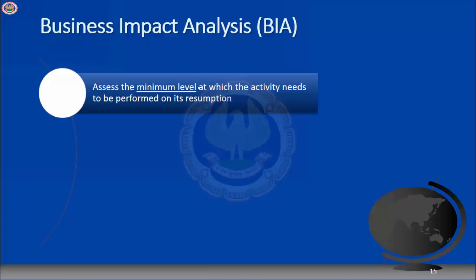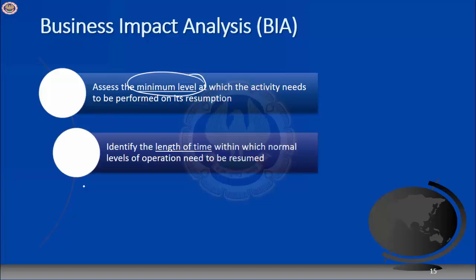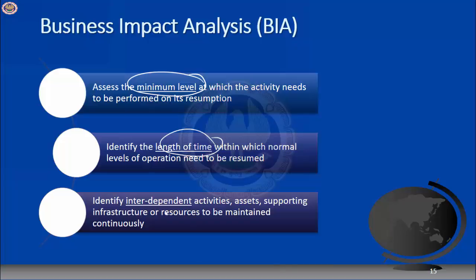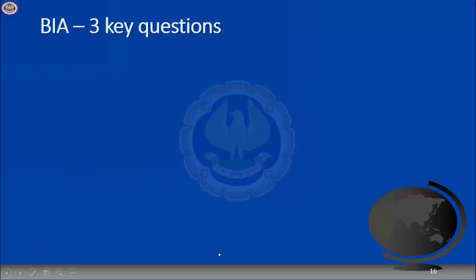You also identify the minimum level at which the business has to maintain, especially the key operations. You identify the length of time in which the normal level of operation should be resumed, and also identify the interdependent activities in terms of the dependability on the resources, the assets, and the supporting infrastructure, which has to be maintained.